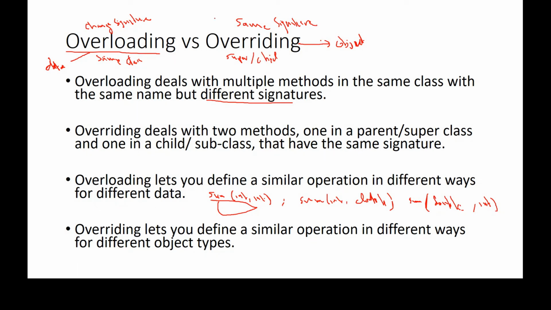So these are the main three differences between them. Remember them. Overloading is a changed signature, same class, and different data. But overriding is the same signature, different class, super class and child class, and different objects.